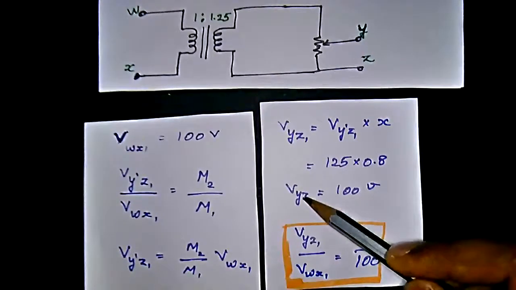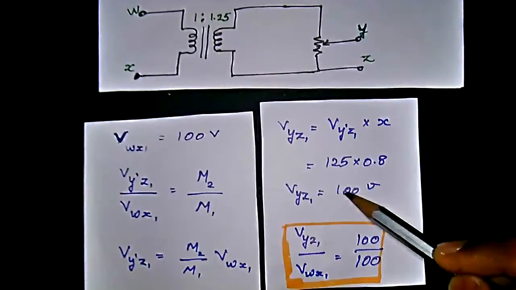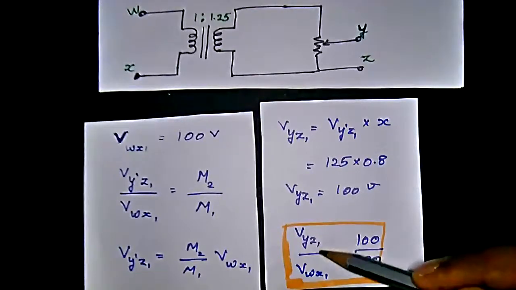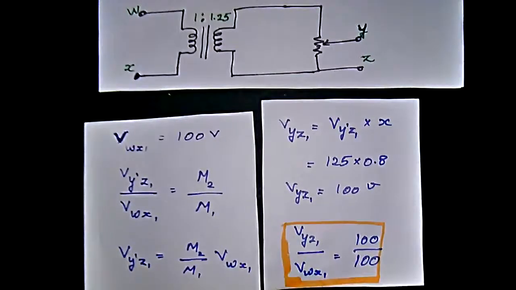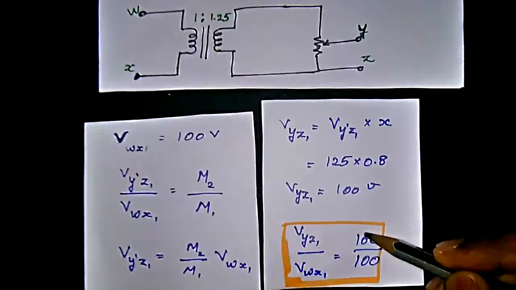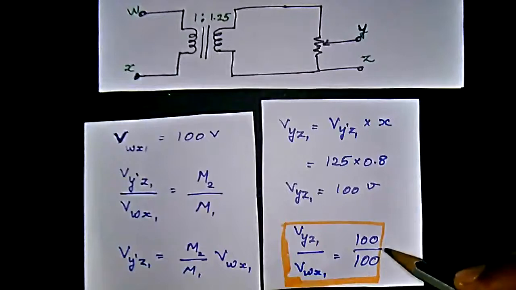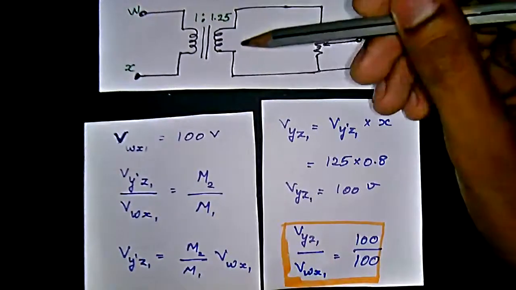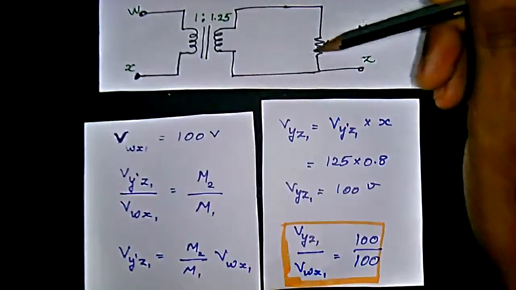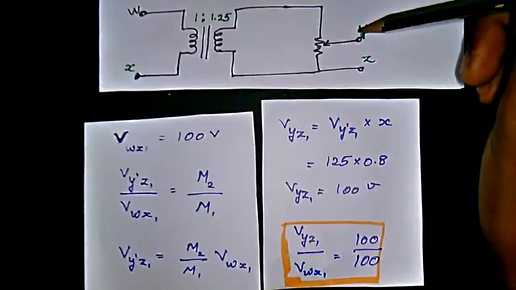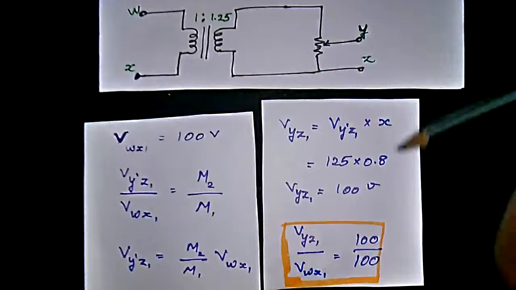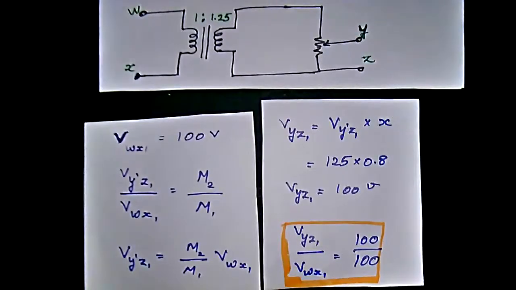The output voltage is 100, and the output voltage divided by the input voltage, which is what the problem asks, is 100 by 100. That is the answer for the first case. Here Vy'z1 is the secondary voltage, and to find the output voltage we multiply with the attenuation factor.